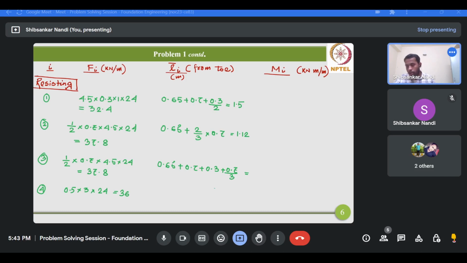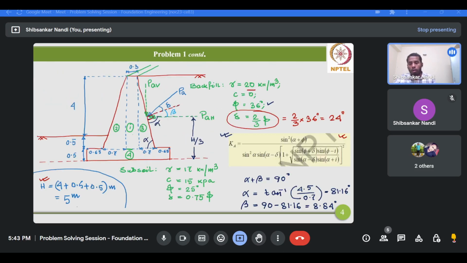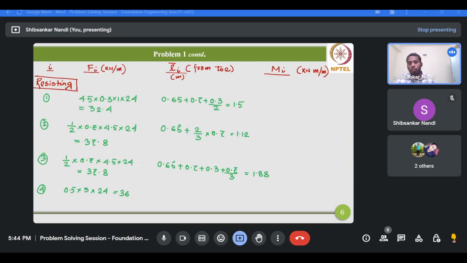That means 1.88 meter. And for rectangle 4, it will be simply at the mid of this base dimension, so 3 by 2, that means 1.5.